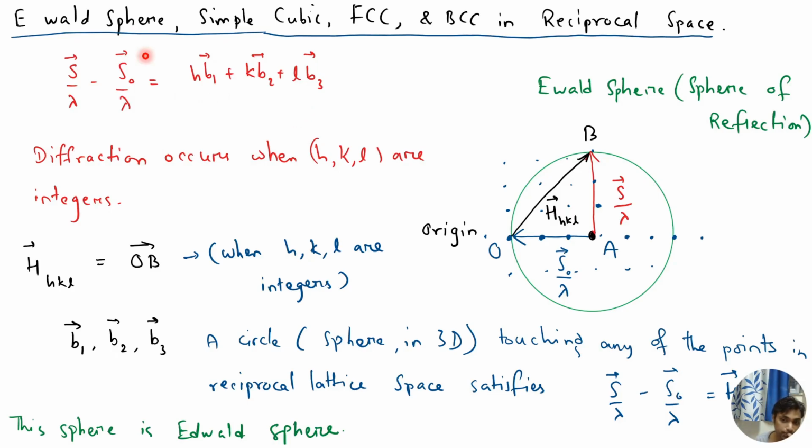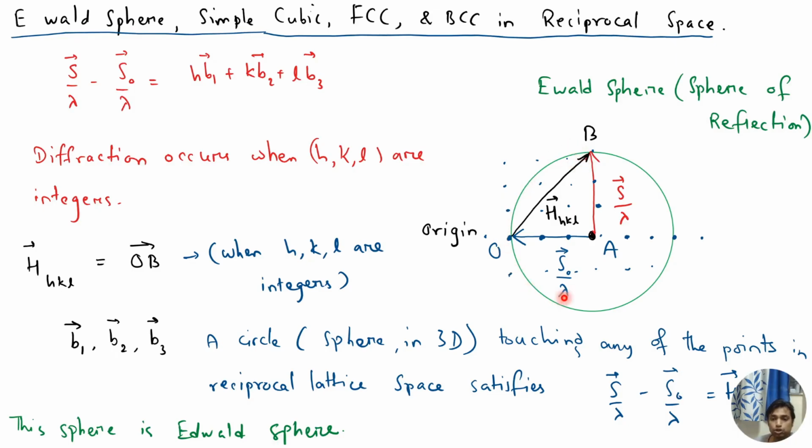This sphere tells us the direction and the wavelength at which the diffraction can happen. So these are the possible reciprocal lattice points which can participate in the diffraction.